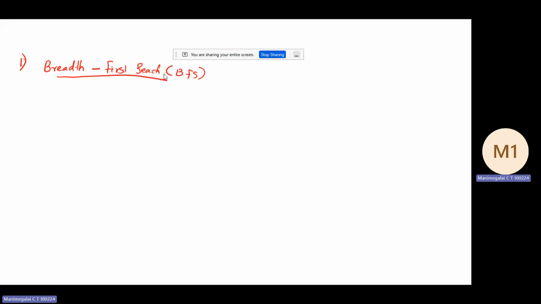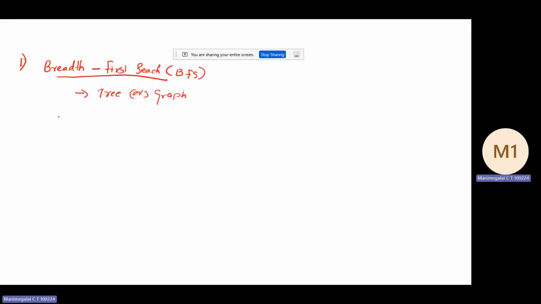This breadth first search algorithm is a common search strategy for traversing a tree or graph. You can represent it in the form of a tree or graph. The algorithm searches breadthwise.